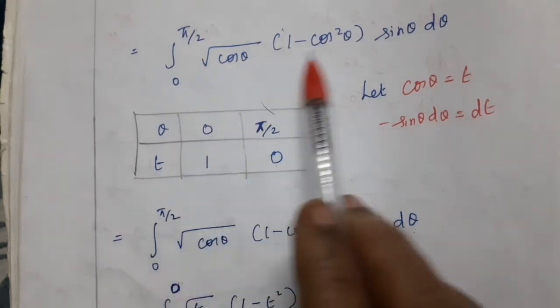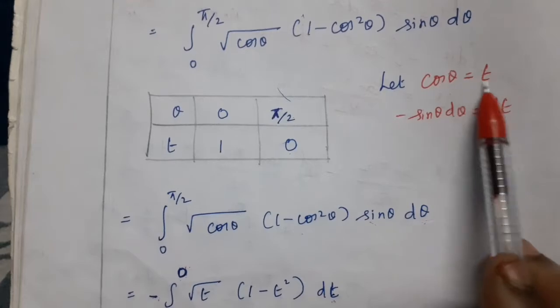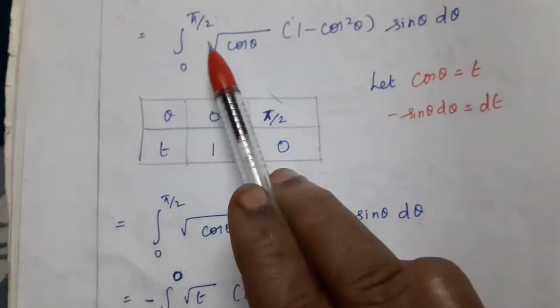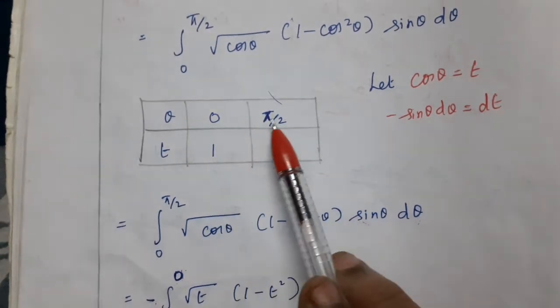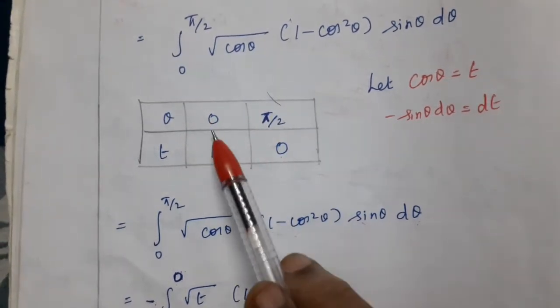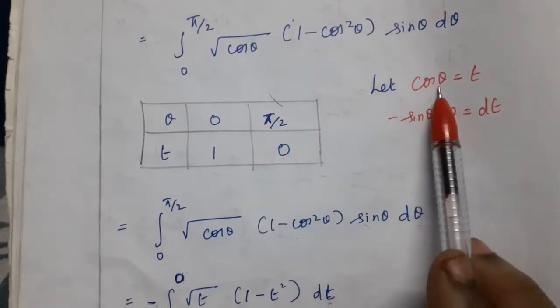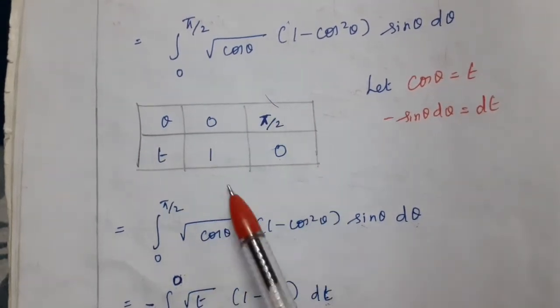Theta equal to 0 gives t equal to cos 0, which is 1. Theta equal to 90, that is pi by 2, gives cos 90, which is 0. Write this in a tabular column.